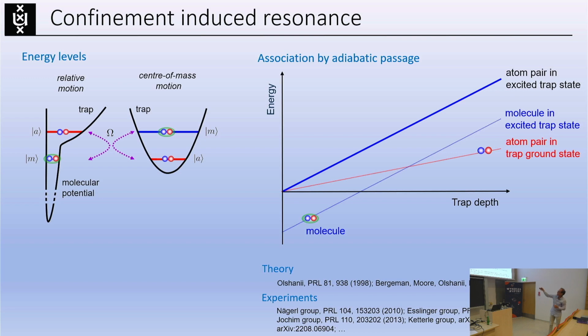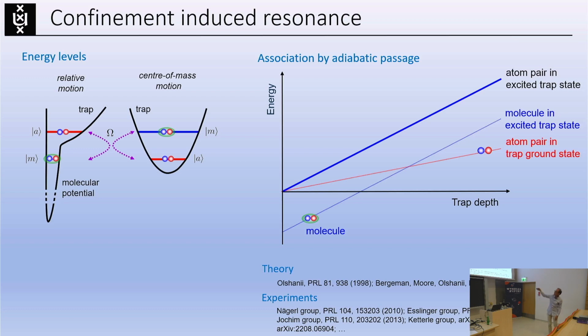So let me first plot the excited center of mass motion here, 1/2 h bar omega for each atom going up, and then just below it, the molecular state. And you see the atom pair state and the molecular state in the excited center of mass level, they cross.